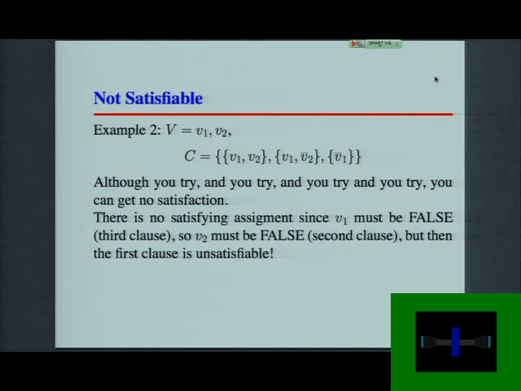Once V1 is false, what do we have to do to save the second clause? It's got false or not V2. What does V2 have to be? False. And now if V1 and V2 have to be false, does everybody see that we're out of luck on the first clause? This set of clauses has no way to make it true.